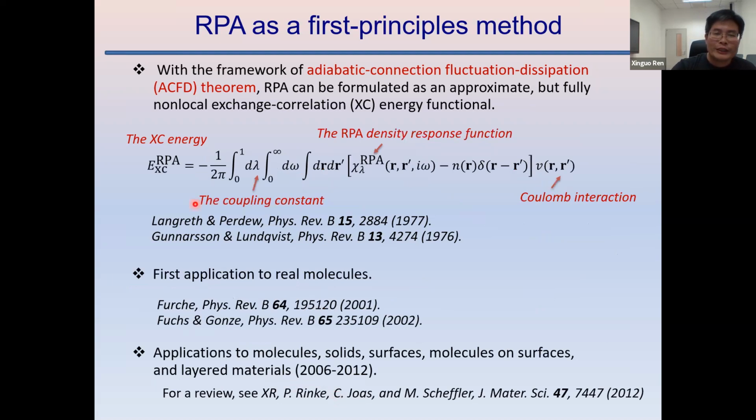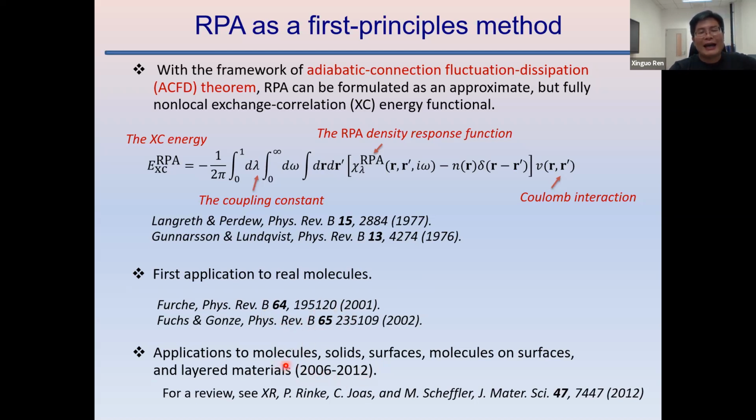And this formulation was originally done already in the 70s. But at that time, it was not computable because it's computationally quite challenging. Only in the early 2000s were people able to apply this formulation to real molecules.